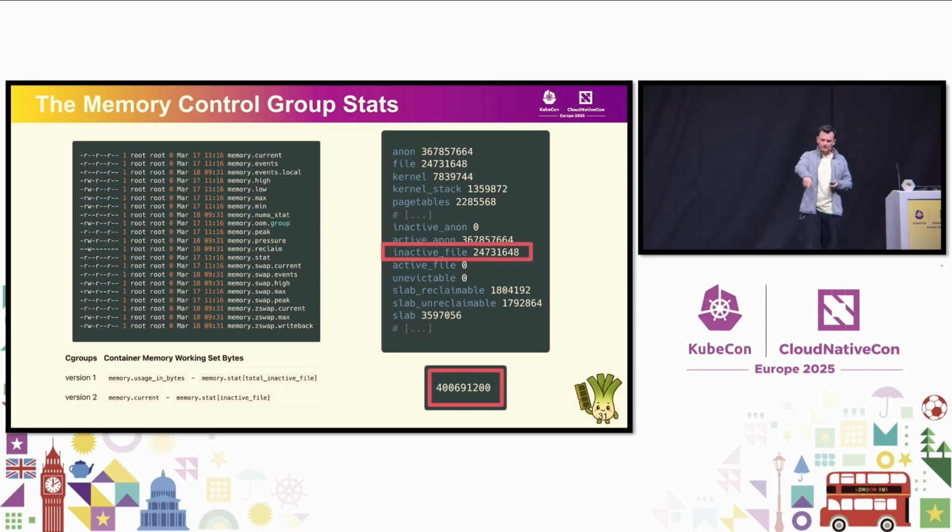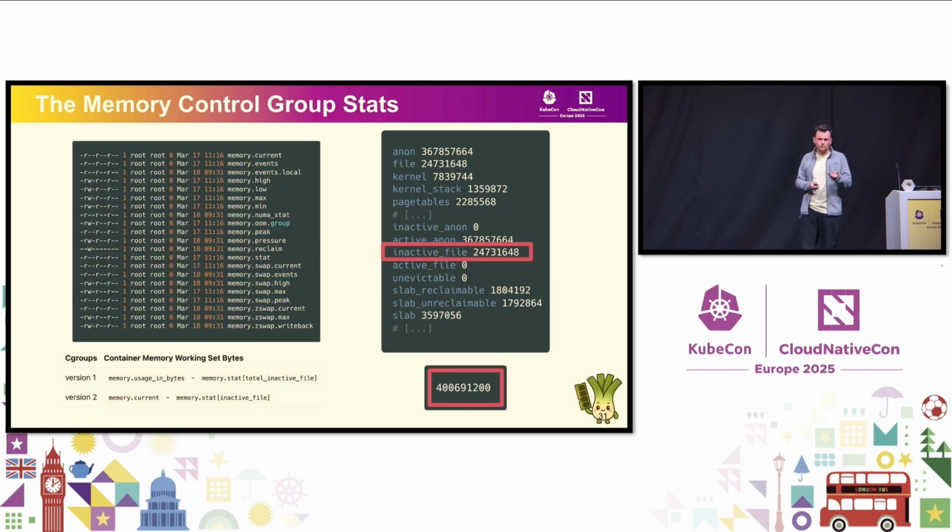It was using this memory current thingy, or usage in bytes for v1, and it was subtracting this inactive file thing. So as I said just before, the total memory is separated into anonymous memory, so typically heap memory used in your program, like allocating objects on the heap, some files.